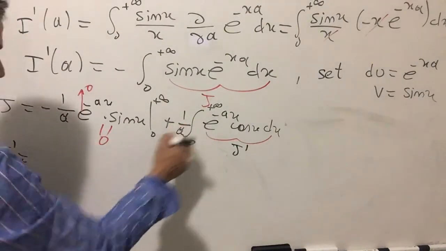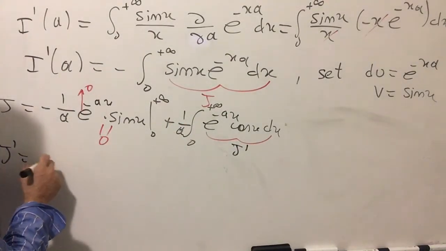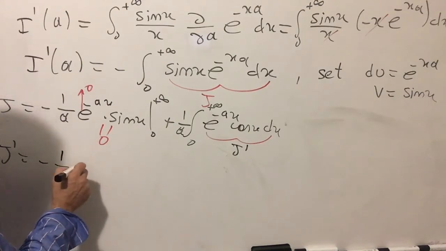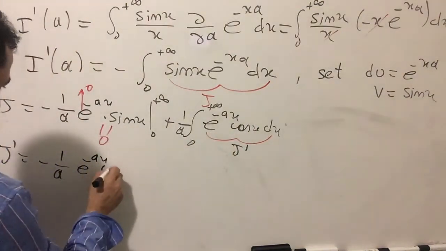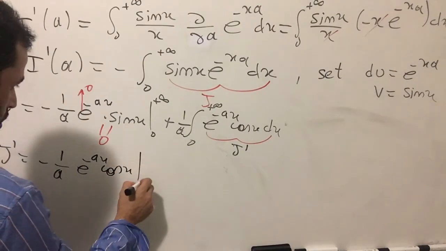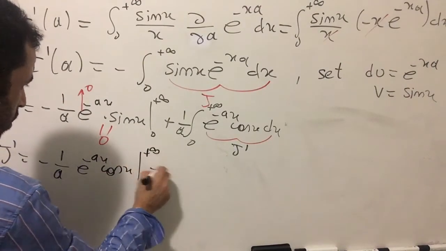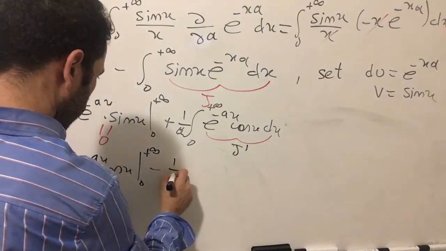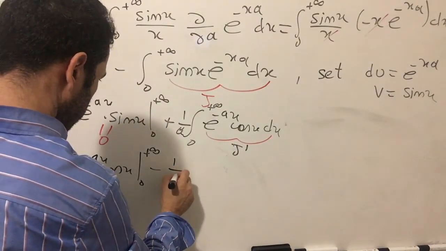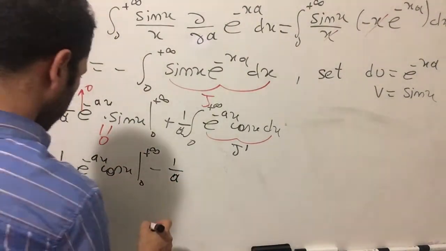I will have minus 1 over a e to the minus ax cosine x, with the bounds from 0 to plus infinity, minus the integral of minus 1 over a, because I have minus 1 over a.